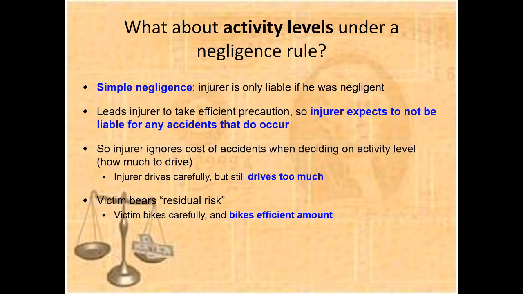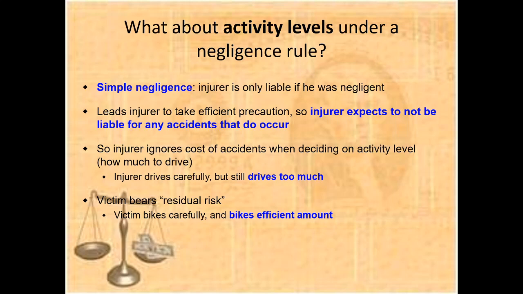All right. So from the victim's point of view, the victim also takes a level of care, but at the same time, the activity level of the victim is also efficient. Why? Because the residual risk is going to fall upon the victim.